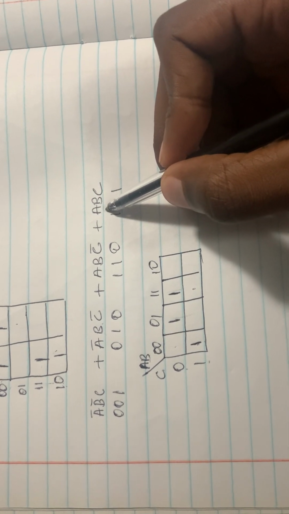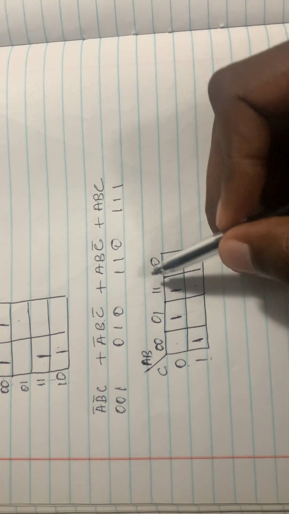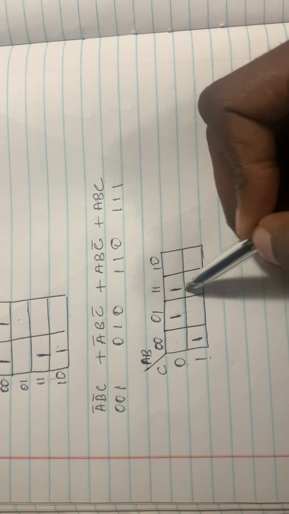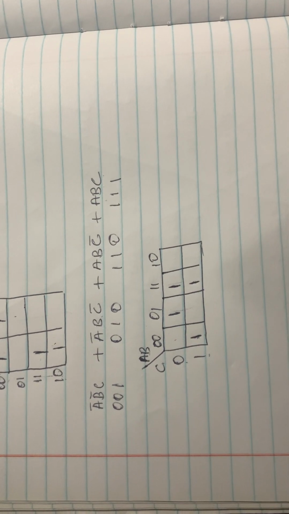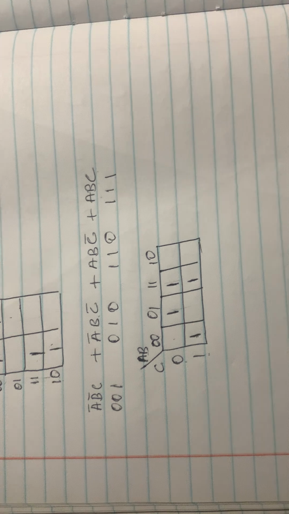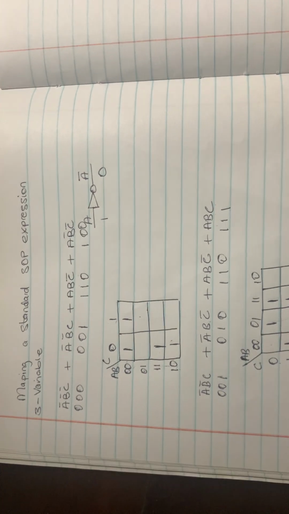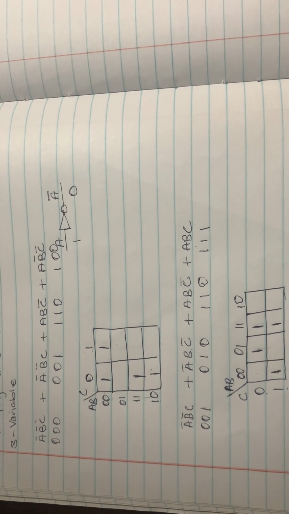So here we have ABC, which is 1 1 1. So where AB is 1 1, it is this space again, but now C is 1, so it is this space. Okay, so this is how you do the mapping of a standard SOP, a three variable.